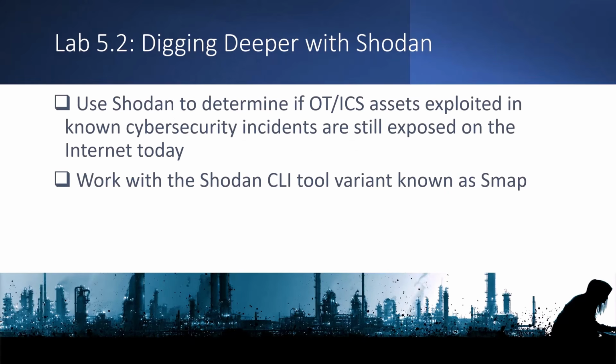So Lab 5.2 is going to walk through not only Shodan and finding some assets on the internet, what's exposed, looking at whether there are any vulnerabilities. Again, you can see where the challenge is, where Shodan is just telling you there are all of these vulnerabilities. There's a lot of false positives. And there's also a command line tool that somebody had created called SMAP.